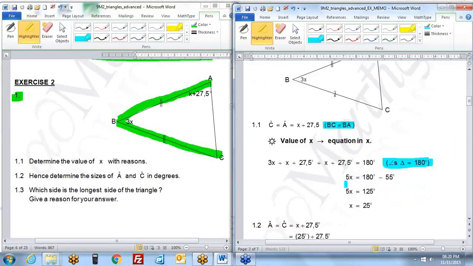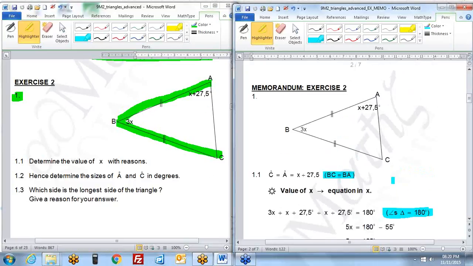You get your x's on the left hand side. In other words, you're going to subtract the 27.5 twice from 180, and then you get 125 degrees. Then you divide by the 5 on the left hand side and you divide by 5 on the right hand side of the equal sign. You get x equals 25 degrees.